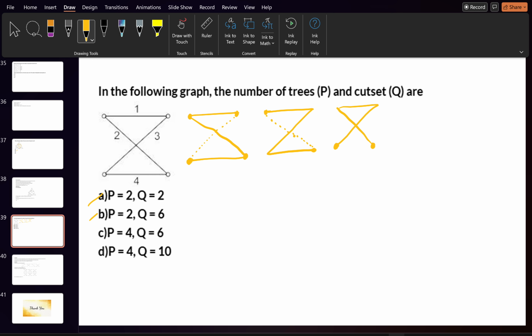Why? Because this point is not connected. Okay, so they are actually planar networks. So that's why it is also possible. So this is also a tree, and one can also be possible like this. So this is actually the total number of trees which is possible. Any doubt in this?